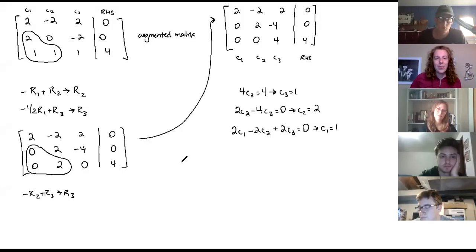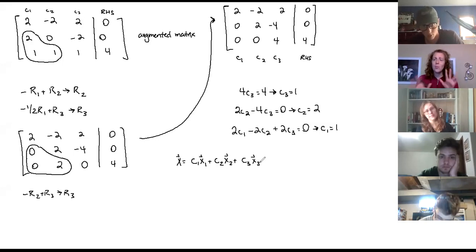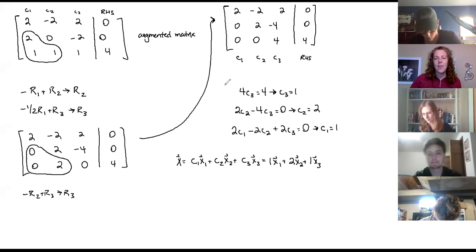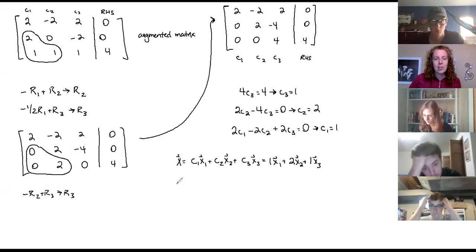All right, so here's what that did for us. Remember what we had. We had that our vector x was C1 vector x1 plus C2 vector x2 plus C3 vector x3. I didn't write it that way, but we put it that way in the matrix. So this is going to be 1 vector x1 plus 2 vector x2 plus 1 vector x3. I just found my coefficients. And what I can do then is write out my solution.